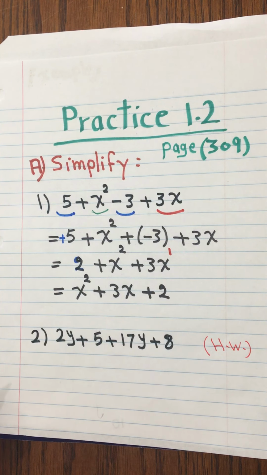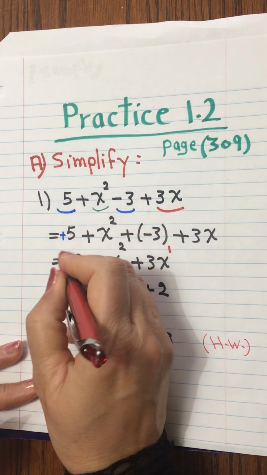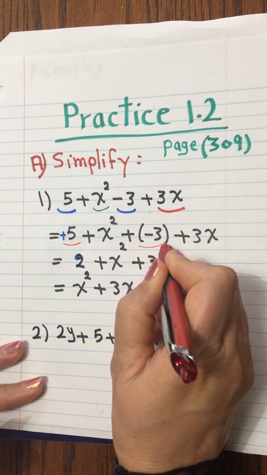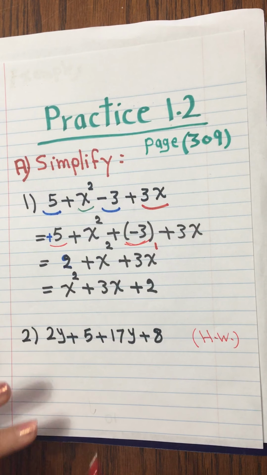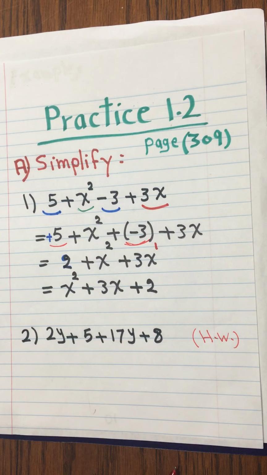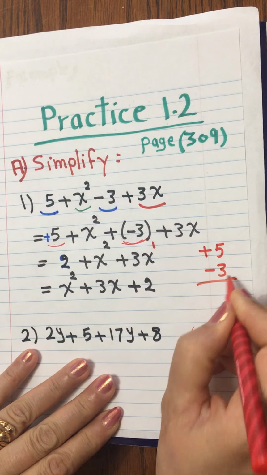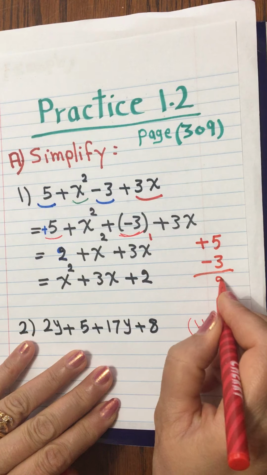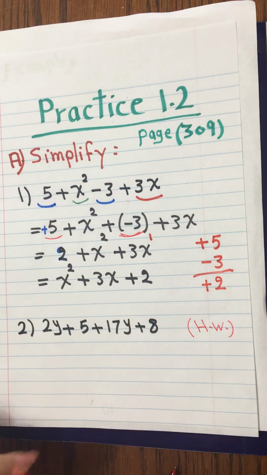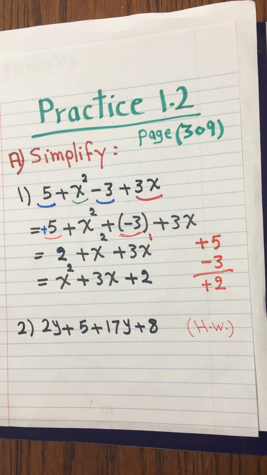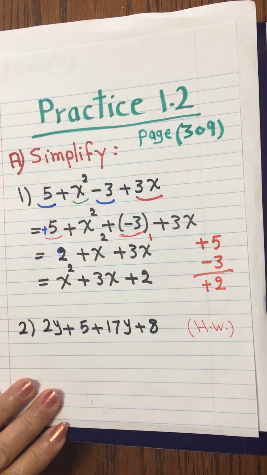Two terms are alike, which is 5 and negative 3. So I'm gonna subtract them because they have different signs. Subtract and keep the sign for the large number, positive 2. And then x squared is different than 3x, so put it down and put 3x down.